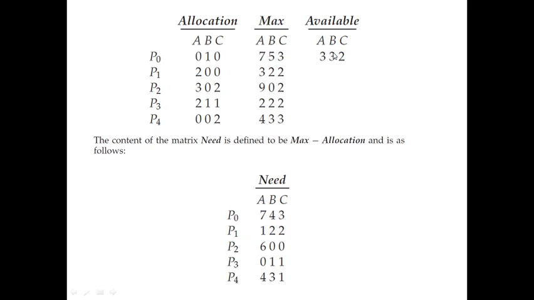We can calculate the total resources, which is nothing but the sum of allocation and available, telling you the maximum resources in the system, and we can also calculate the pending requirement by subtracting allocation from max, and we can then run the Banker's algorithm.